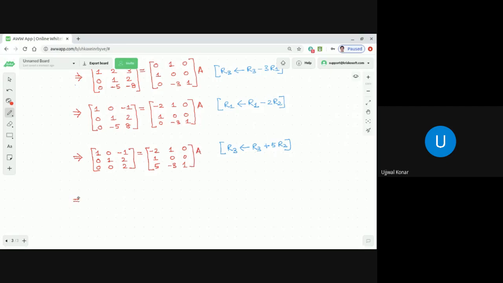After that, what we are going to do, dear students, is divide each element of row 3 by 2. That means I'm going to multiply 1 by 2 to each element of the third row. So the operation is R3 becomes 1 by 2 into R3. Let's find out what we get here.